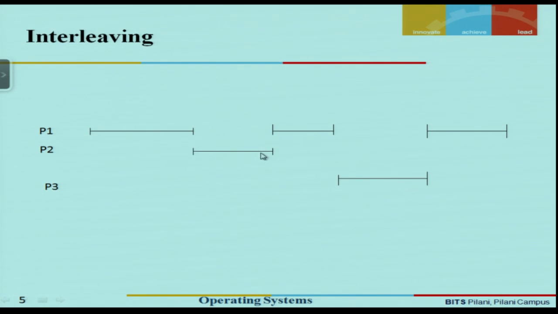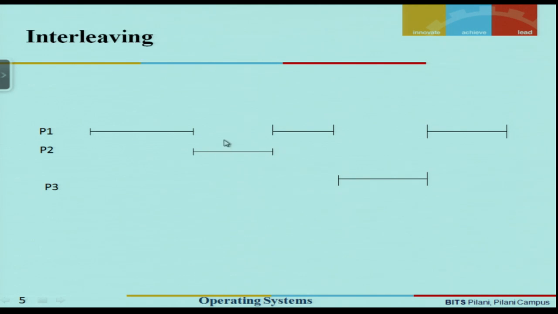So you find that P2 would execute, and then P1 once again would execute, and then P3 arrives, executes for some time, and so on. So we can see that from this time to this time, processes P2 and P3 have also executed.